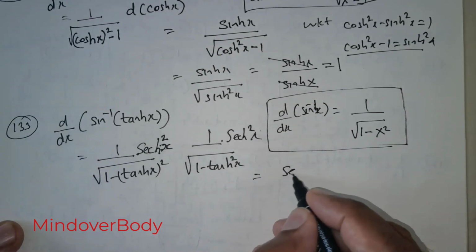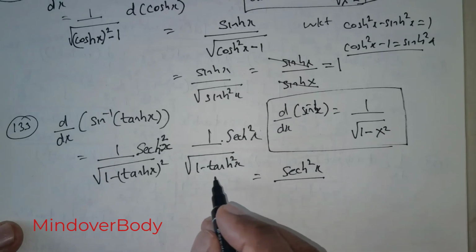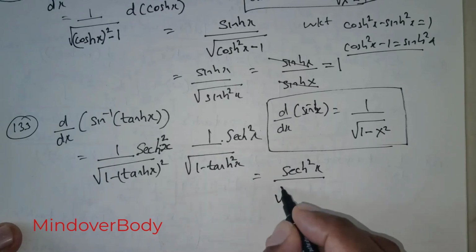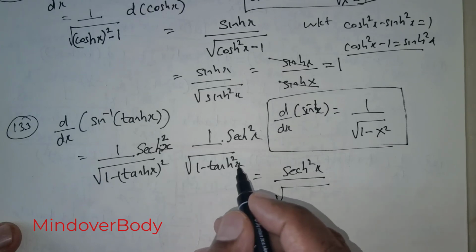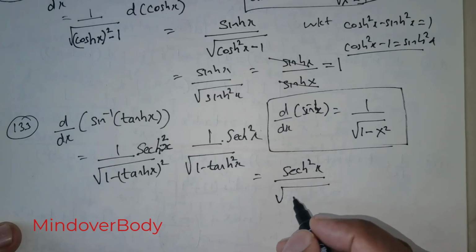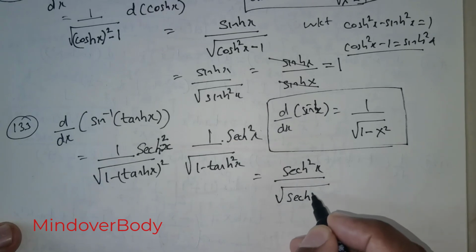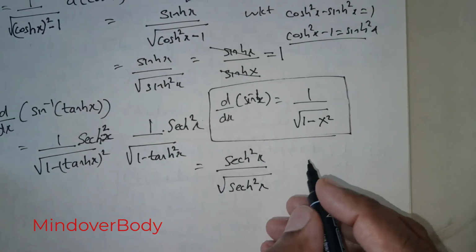So coming back to the point, this is sech squared x and root of, so before we go to the root of, let's look into 1 minus tanh squared x, or hyperbolic tan squared x. What is that? That is nothing but sech squared x, because of the formula.